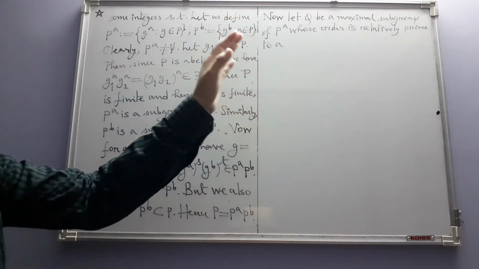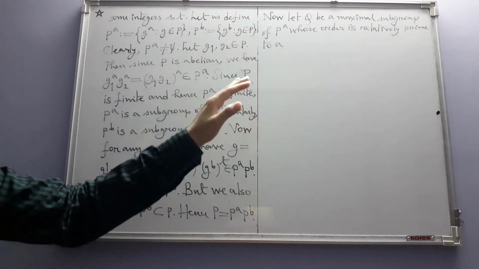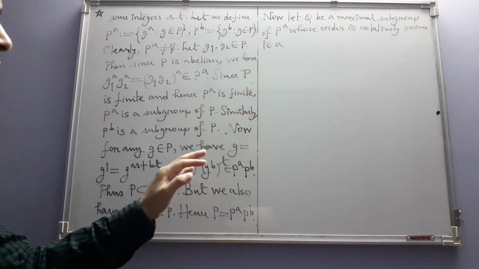We are assuming that Q is a maximal subgroup of PA whose order is relatively prime to A.